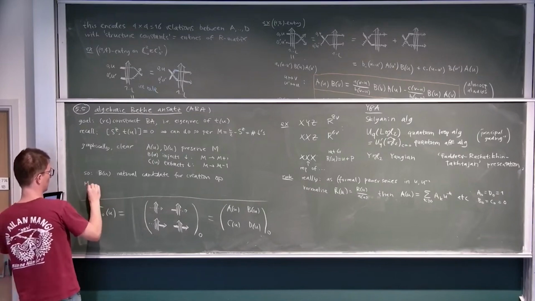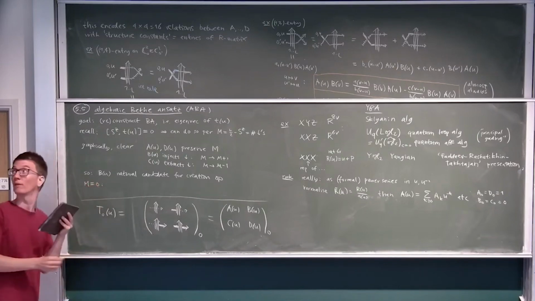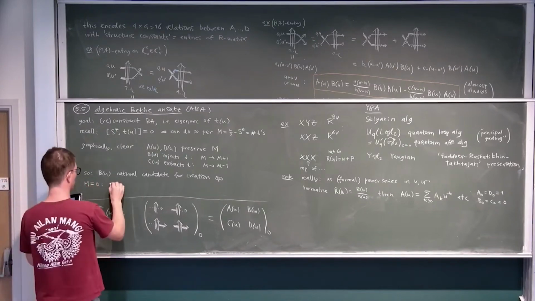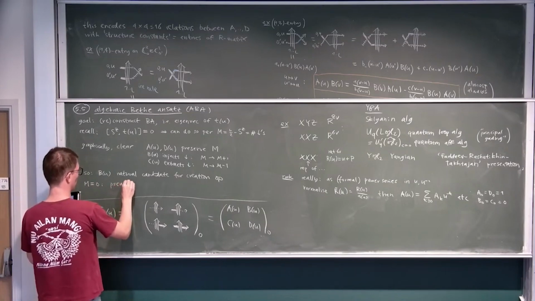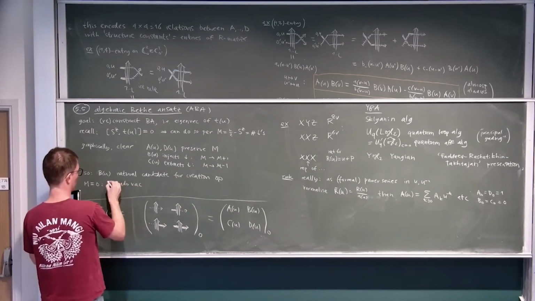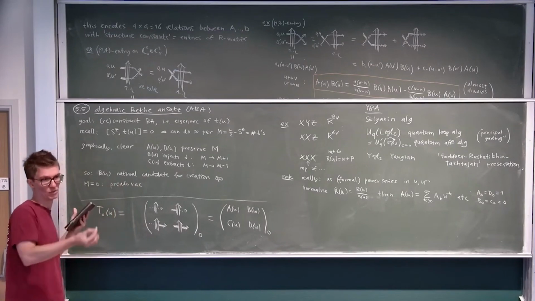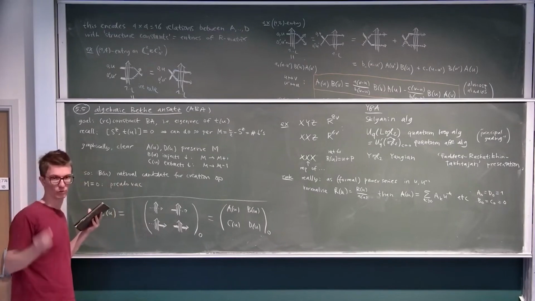So let's start like before at M equals 0, which is called the pseudo vacuum, because it doesn't need to be the actual ground state of the spin chain. It depends on which sign you took or what the value of delta was.